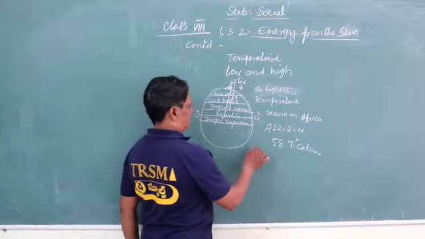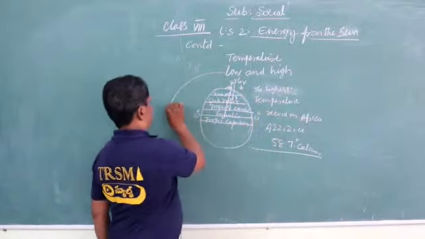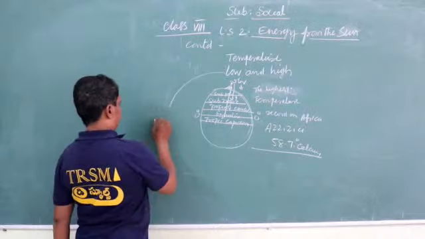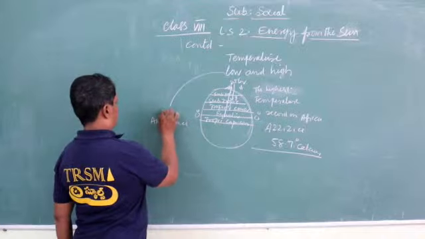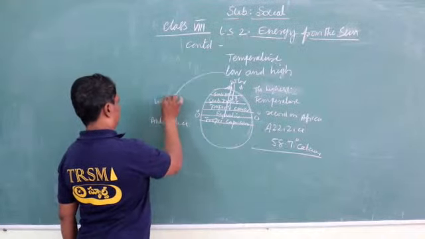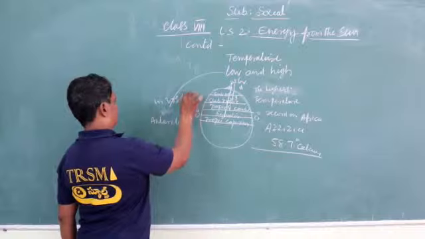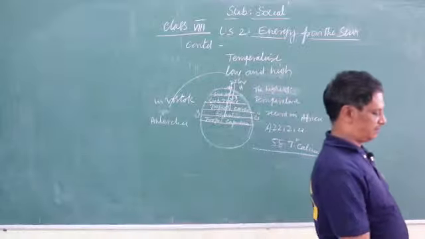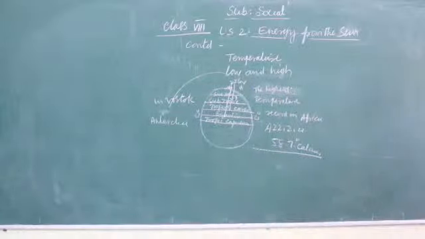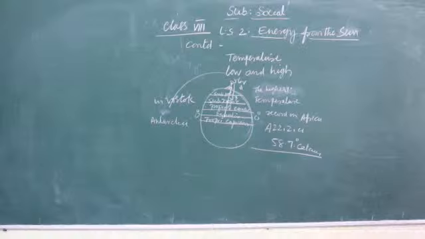As for the low temperature, in the region of Antarctica, Vostok, there is a minus 89 degrees.